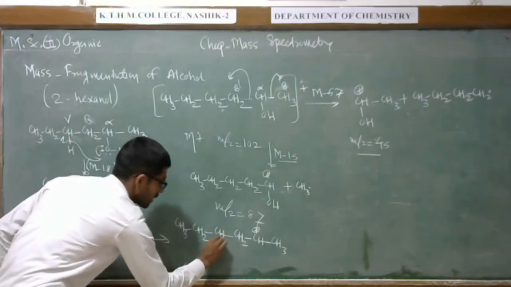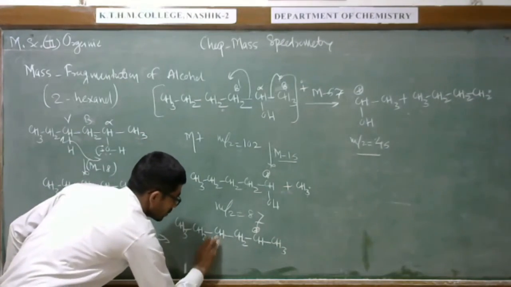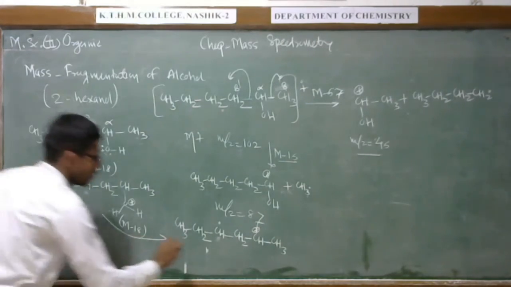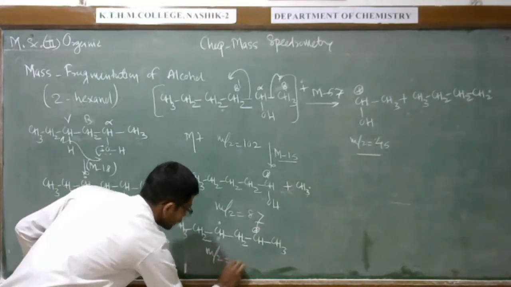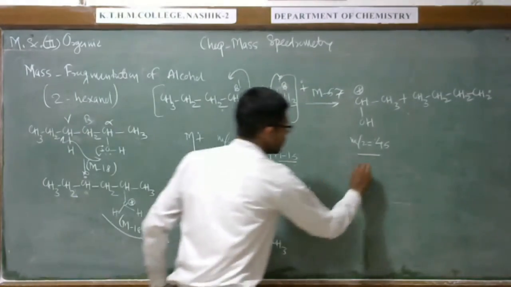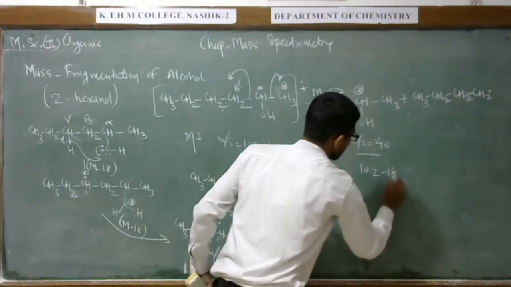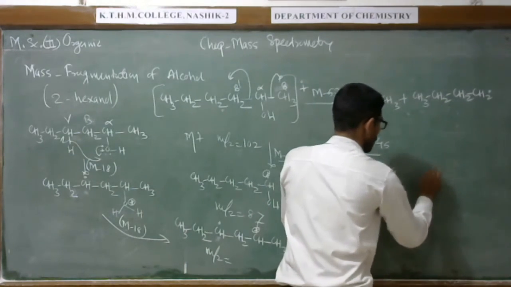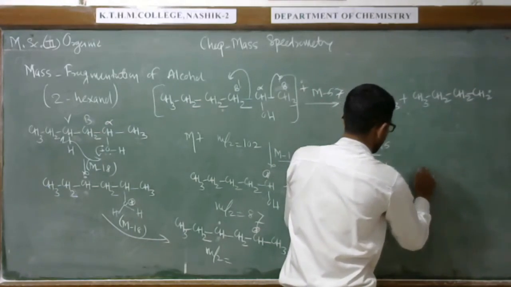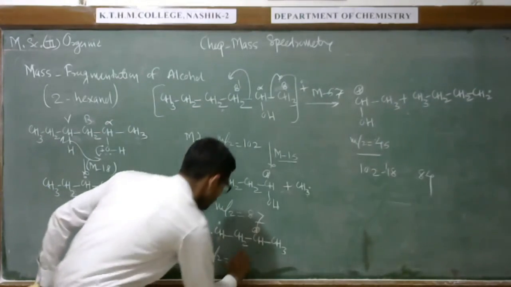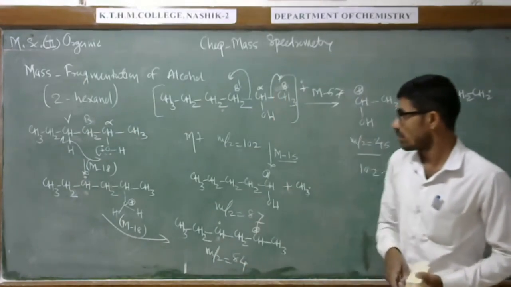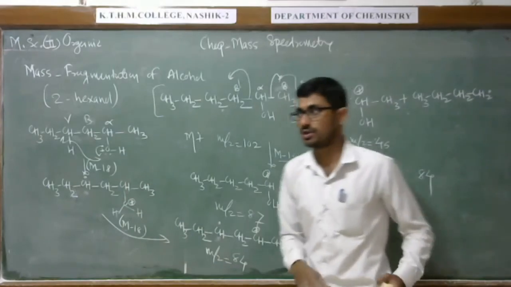So this radical and positive charge, we can show the radical here. This peak we can observe at mass to charge ratio 102 minus 18, so this peak we can observe at the value 84. So in this way we can show the loss of water molecule when gamma hydrogen is present.